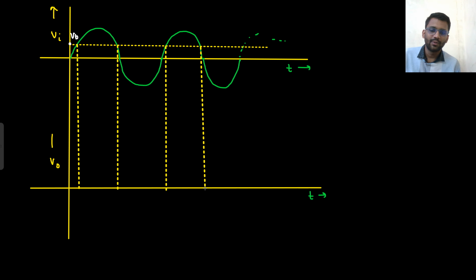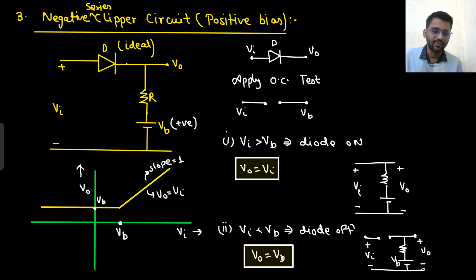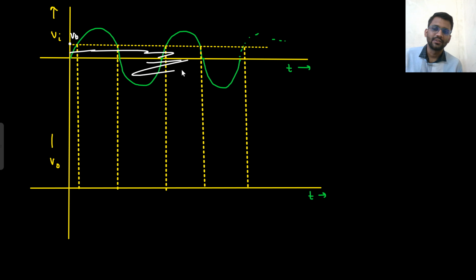In the exam, you will be able to tick the correct answer very quickly. But here, I have to make you understand. That's why it is taking time. Once you understand the analysis, it will be all easy for you. So for everything less than VB, your output is VB. For all these points, your output will be VB only.